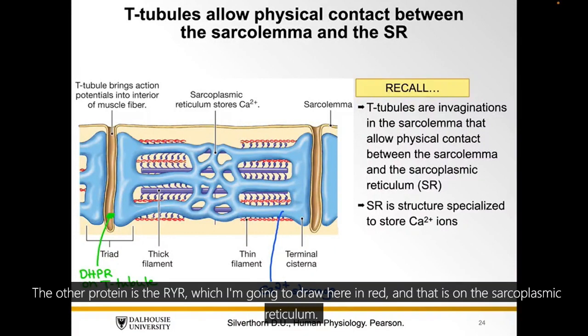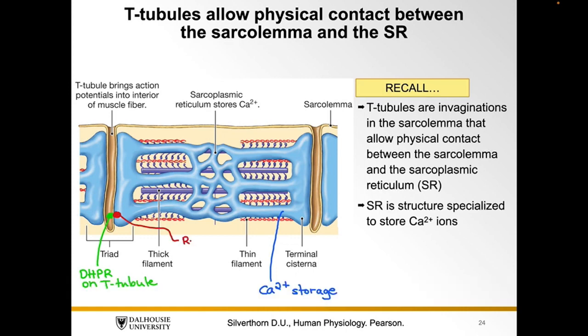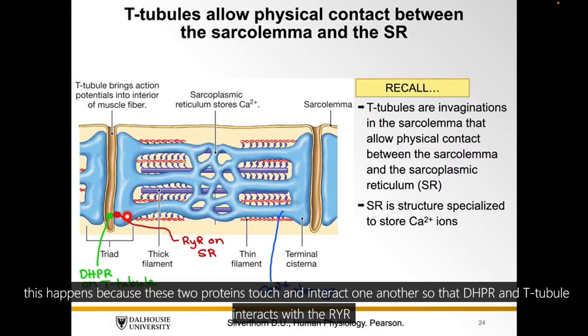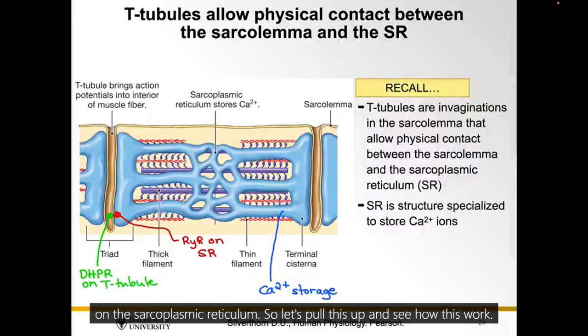The other protein is the RYR, which I'm going to draw here in red, and that is on the sarcoplasmic reticulum. So when we talk about physical contact between the T-tubules and the sarcoplasmic reticulum, this happens because these two proteins touch and interact one another, so that the DHPR on the T-tubule interacts with the RYR on the sarcoplasmic reticulum.